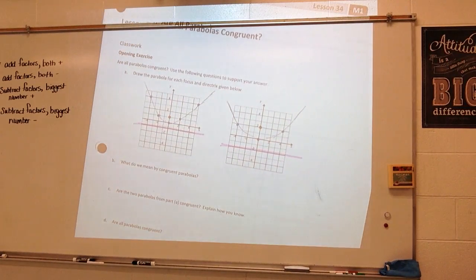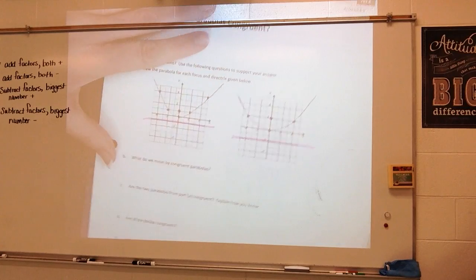So what do we mean by congruent parabolas? Two parabolas would be congruent if we could find a sequence of rigid motions that takes one parabola onto the other.